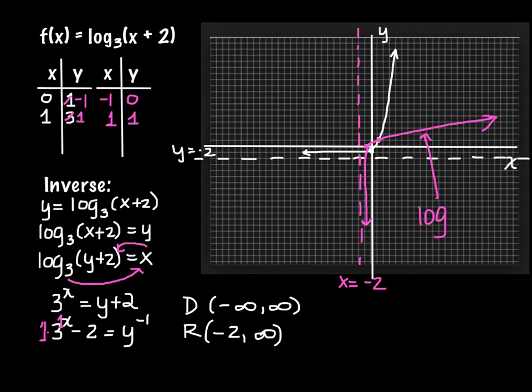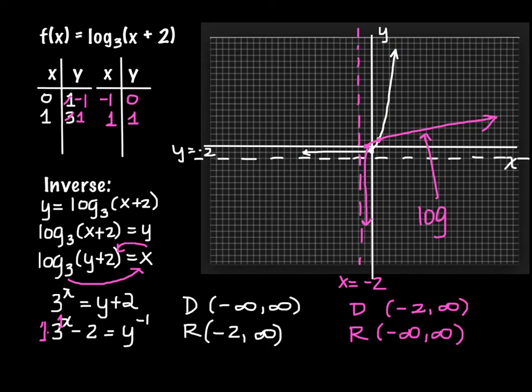Now I want to look at domain and range of the pink guy. Notice domain is left to right. Well, this pink graph doesn't go past negative 2, so it's going to be negative 2 to infinity. Range is bottom to top. Well, the pink goes bottom to top, so it's going to be negative infinity to positive infinity.